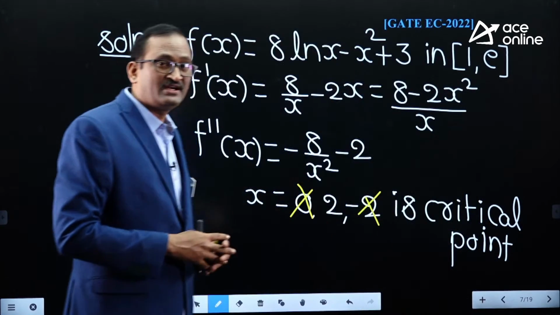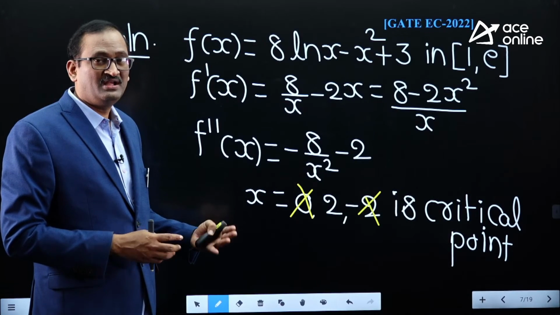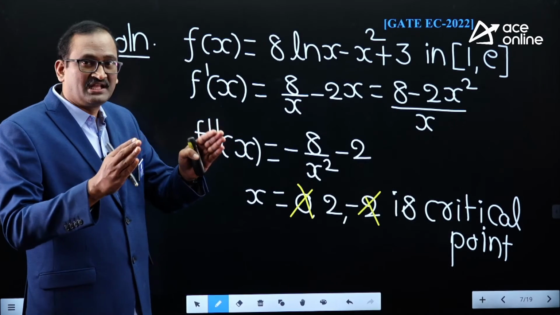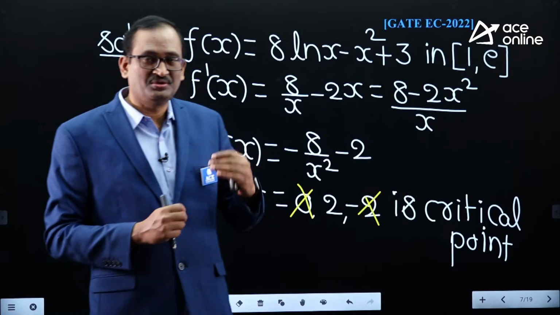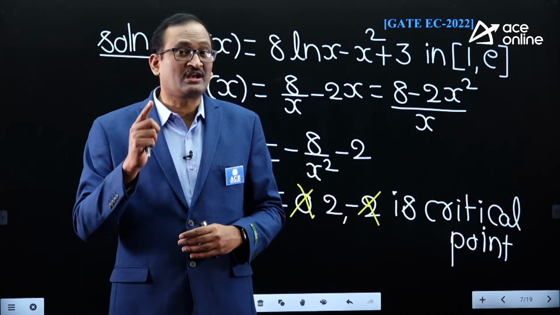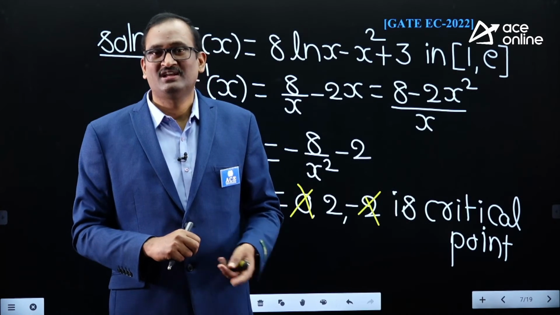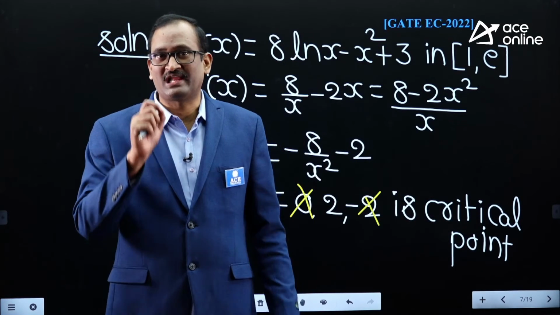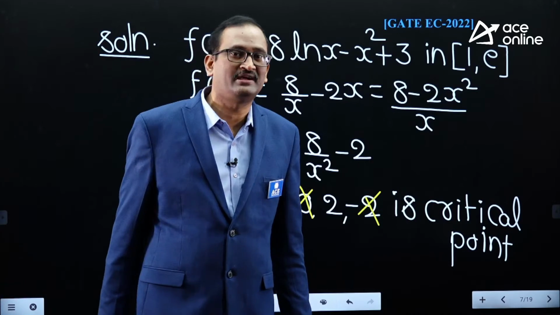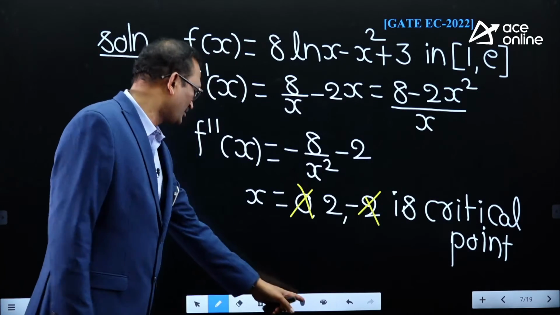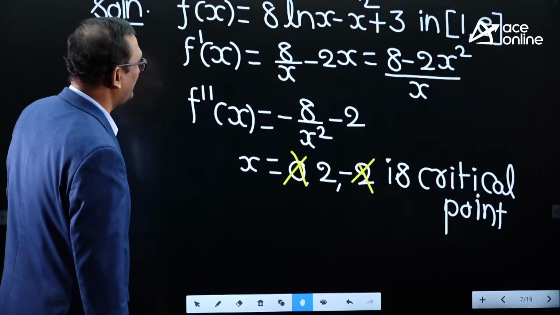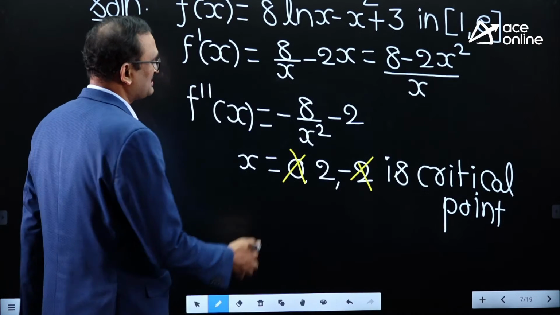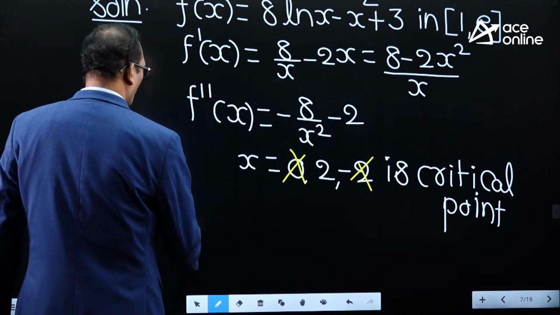So now let us find local maxima and local minima. If f double dash x at any critical point is less than 0, then it has a local maximum at that critical point. If f double dash x at any critical point is greater than 0, it will have a local minimum at that critical point. So that's why I wish to find f double dash x at the critical point 2.